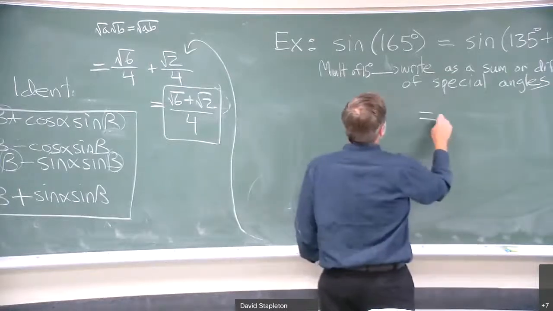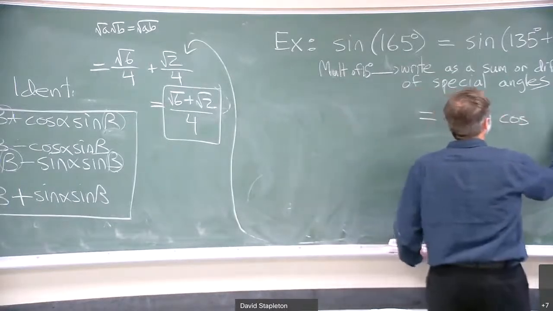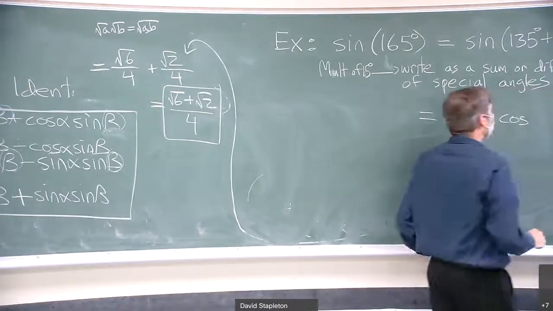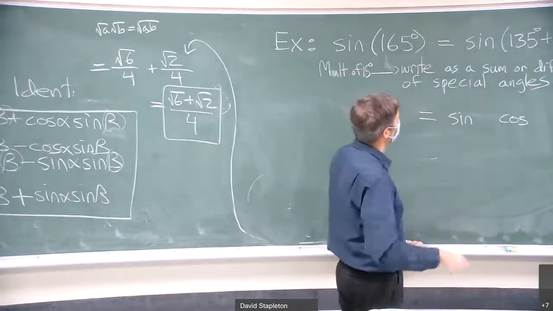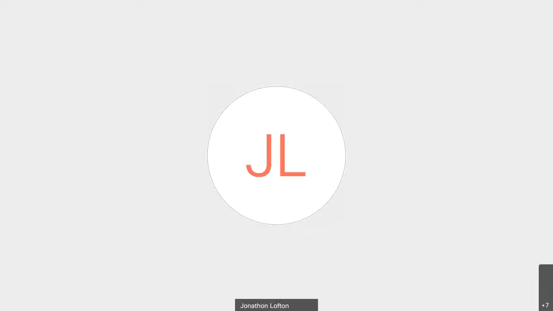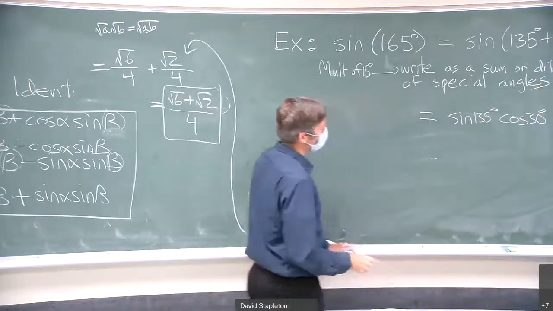I will say sine of the sum of two angles is sine cosine plus cosine sine, the very first identity you wrote, right? Just remember that sine cosine was cosine sine, and then you put the angles 135, 30, 135, 30 in order, right?